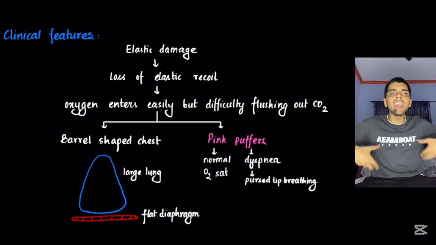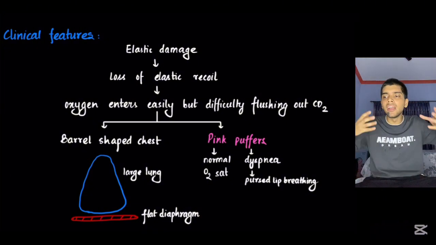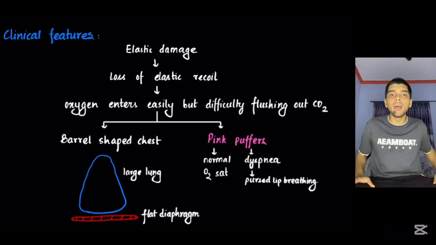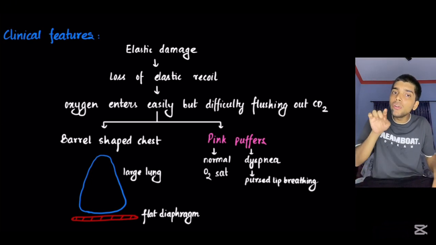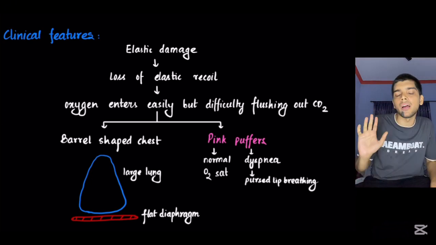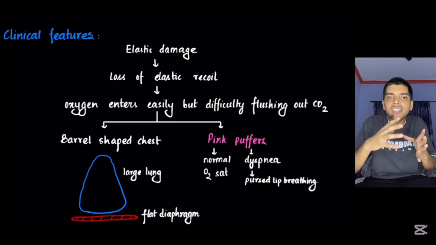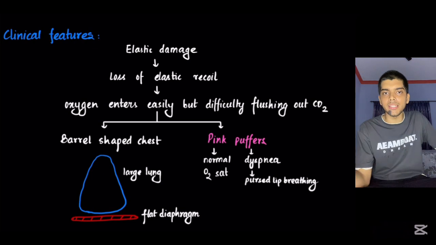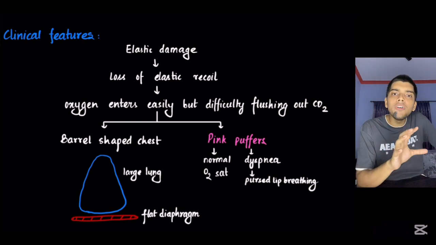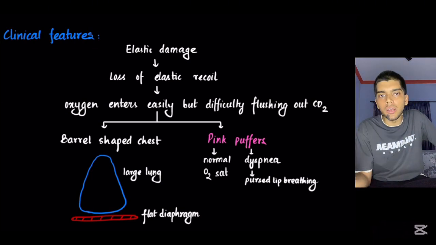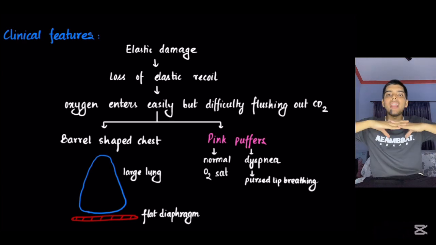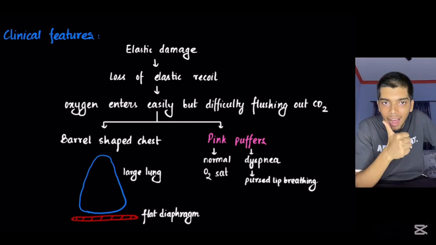Enough air is being taken in, enough air is being inhaled, the lung is filled with air, but the person is not able to exhale air out. Enough is being inhaled, so the lung grows larger in size due to overinflation. So the person has an overinflated large lung. The diaphragm gets flattened as it gets pushed down. So overinflated large lung with flattened diaphragm.